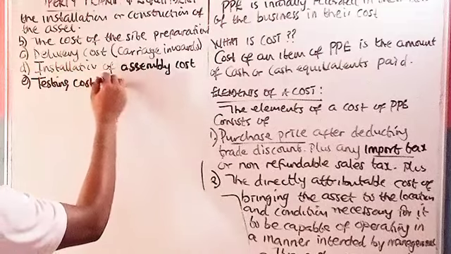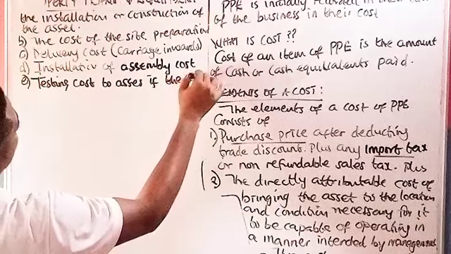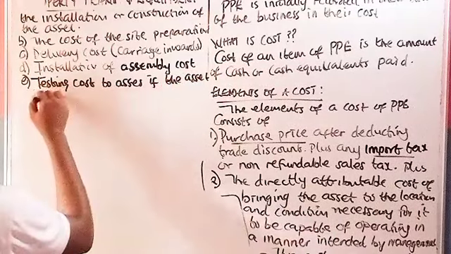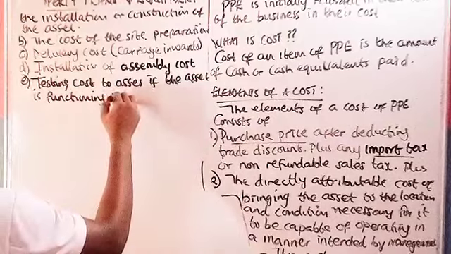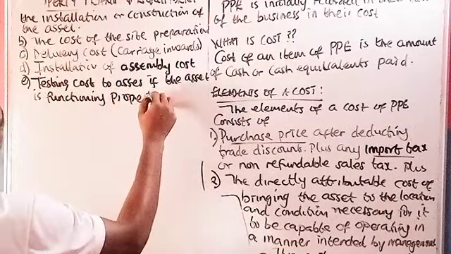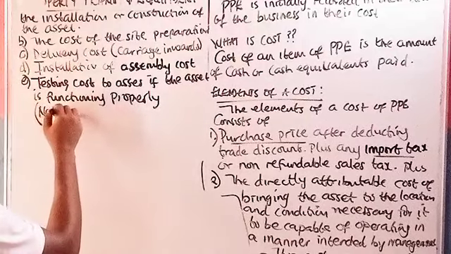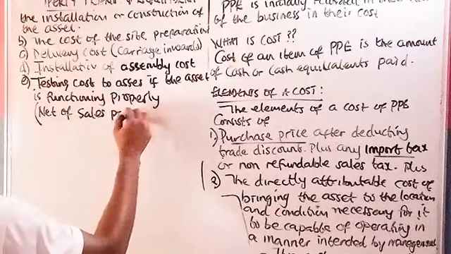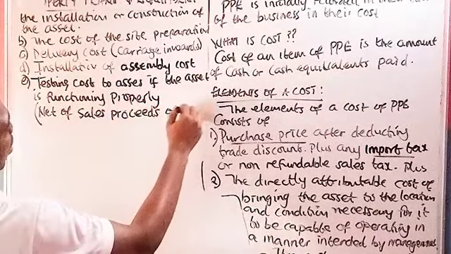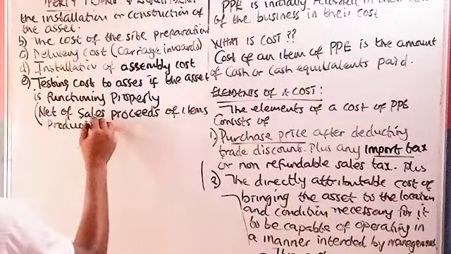Testing cost, to assess if the asset is functioning properly. Okay, now this part is always net of sales proceeds of items produced.